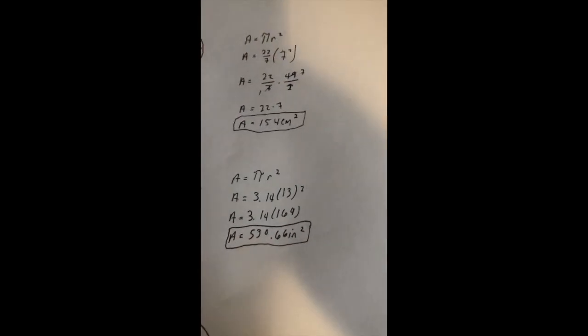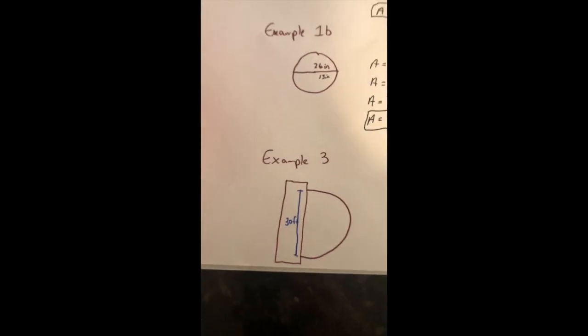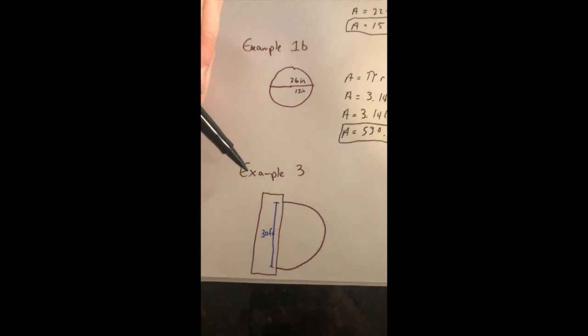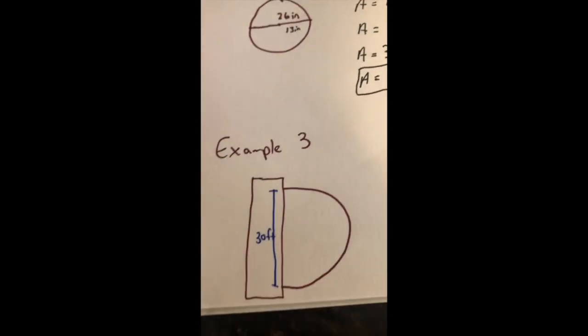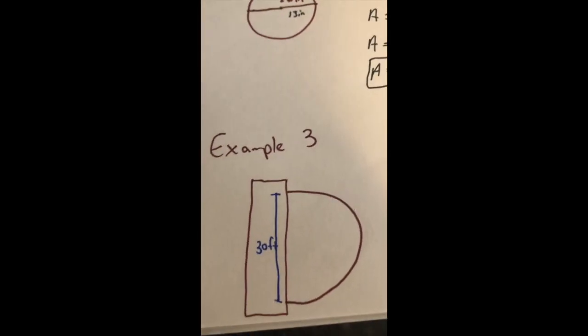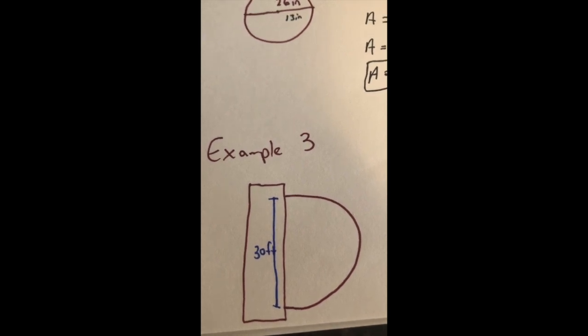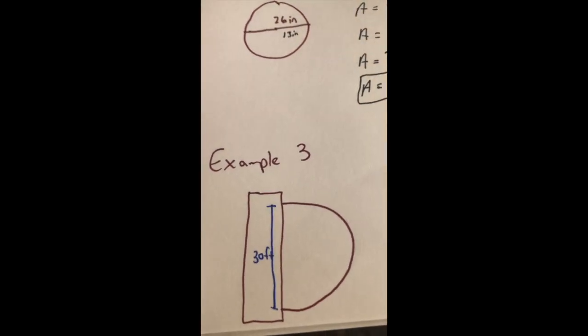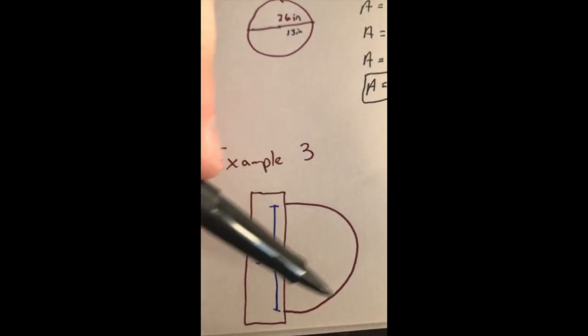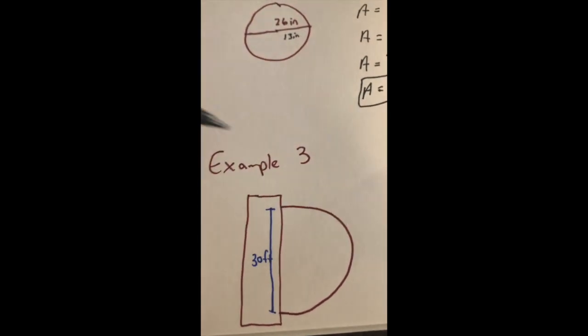All right, very good. Moving on to page 335, we have example 3. Example 3 is one where it's a problem that uses a real life situation. So it's talking about an orchestra. This is the orchestra pit. It's a semicircle.